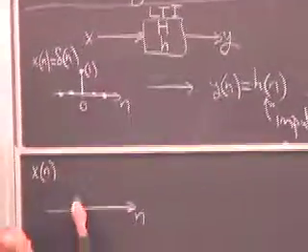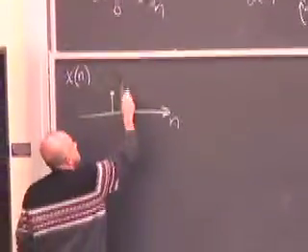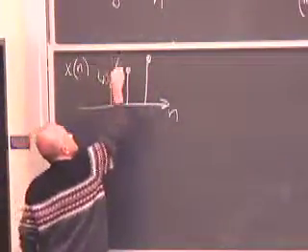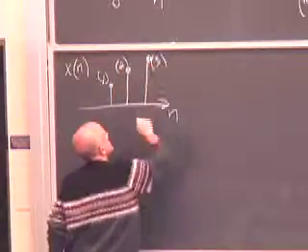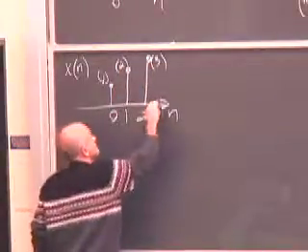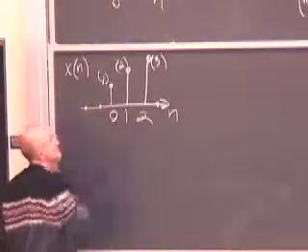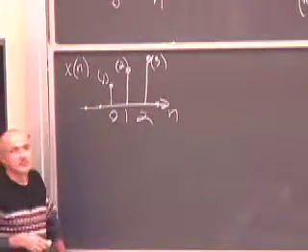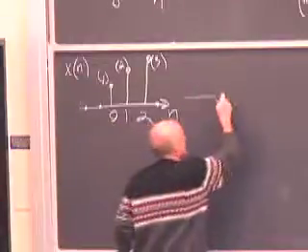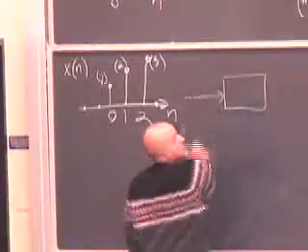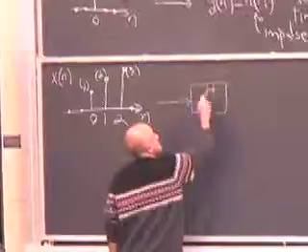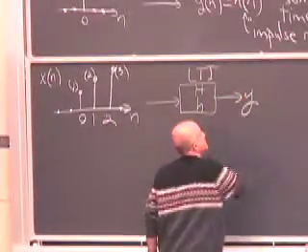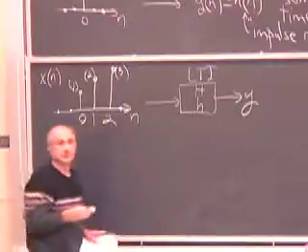Let's say it's 1, 2, 3, at 0, 1, 2, and it's 0 everywhere else. Okay? I tell you now, I send this through exactly the same LTI system. Can you tell me what the output is?